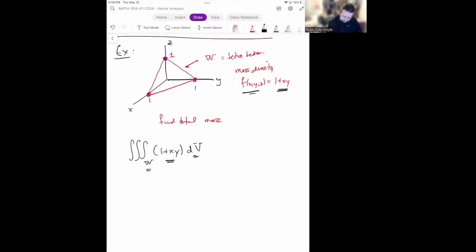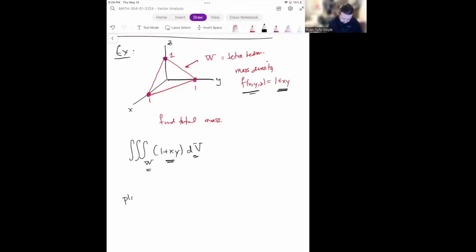The first thing we're going to look at is that I need the equation of the plane that defines the height of the function. It turns out that the equation of that plane is x plus y plus z equals 1.